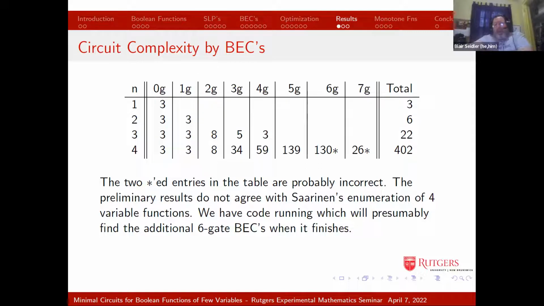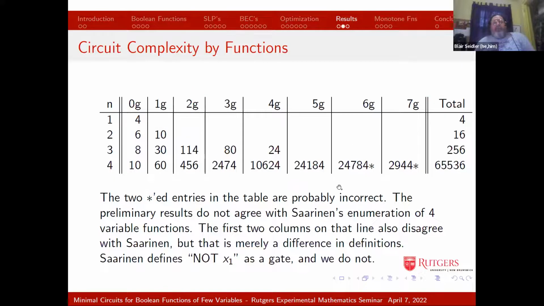You know, I have code running that will presumably change those numbers to, I'm thinking, 133 and 23 by the time it's done. This may be slightly less interesting than the number of functions. The number of functions available here, the last entry, should be not 2944, but 2720.